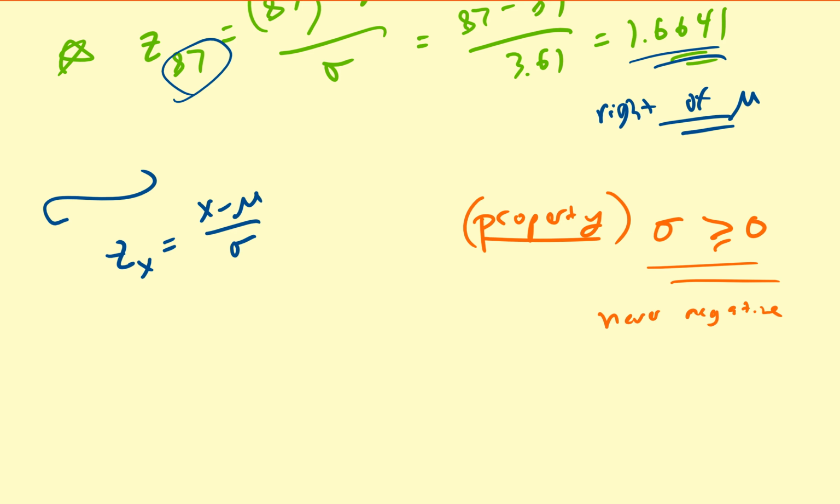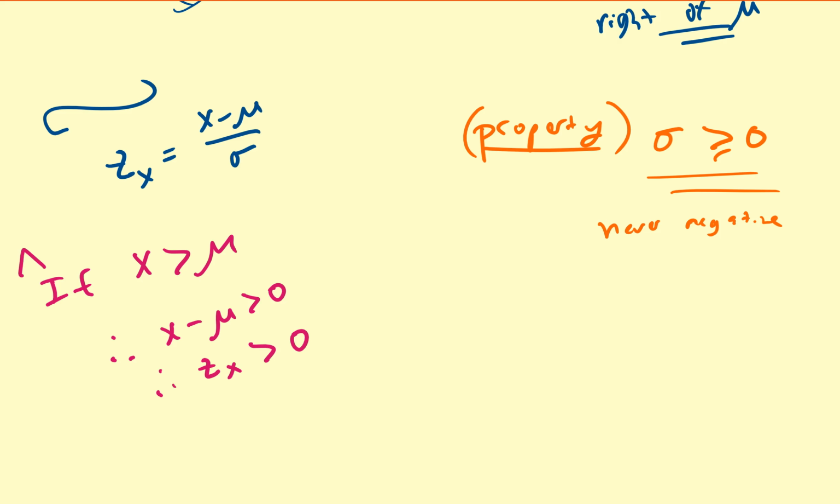Also, if the value x is bigger than mu, then that means x minus mu is going to be greater than 0. If that is true, then the z-score for x is also bigger than or equal to 0.